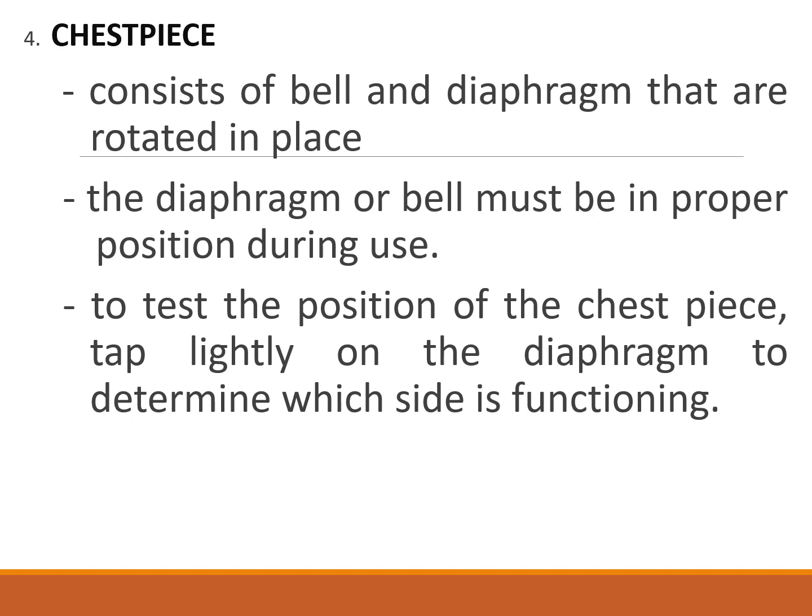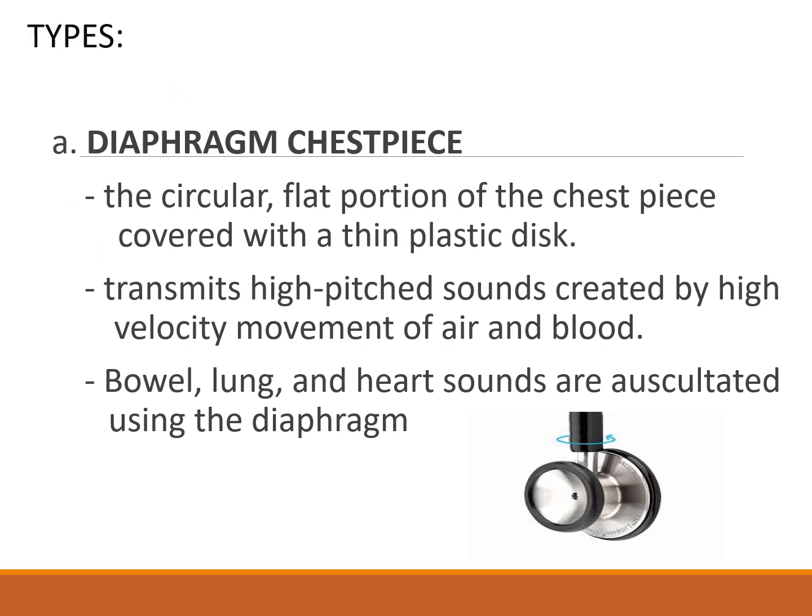With the earpieces in your ears, tap lightly on the diaphragm to determine which side of the chest piece is functioning. The diaphragm is the circular, flat portion of the chest piece covered with a thin plastic disc. It transmits high-pitched sounds created by the high-velocity movement of air and blood.